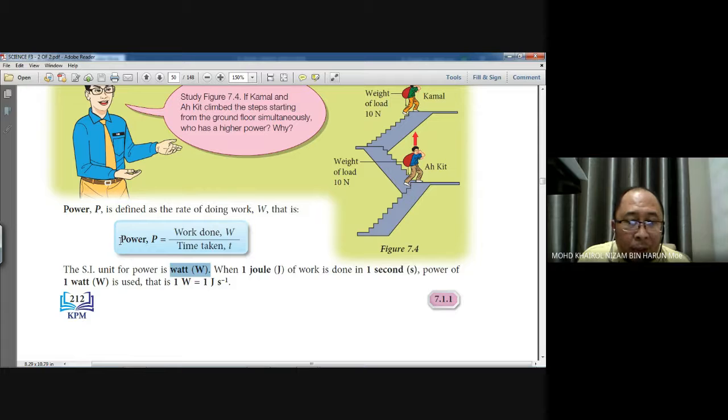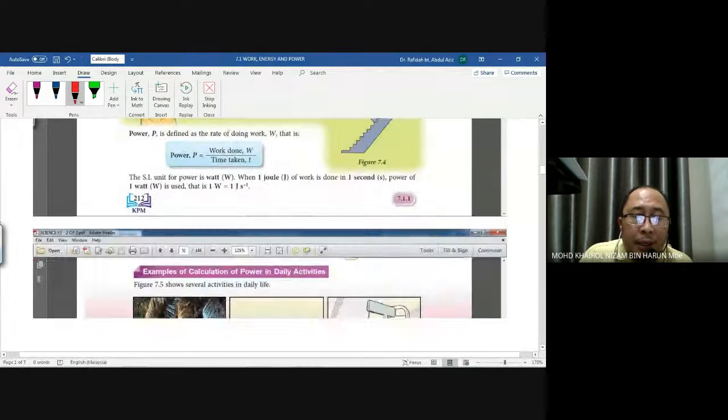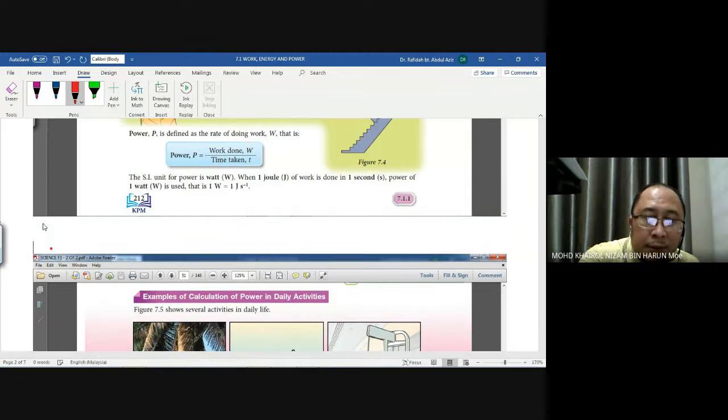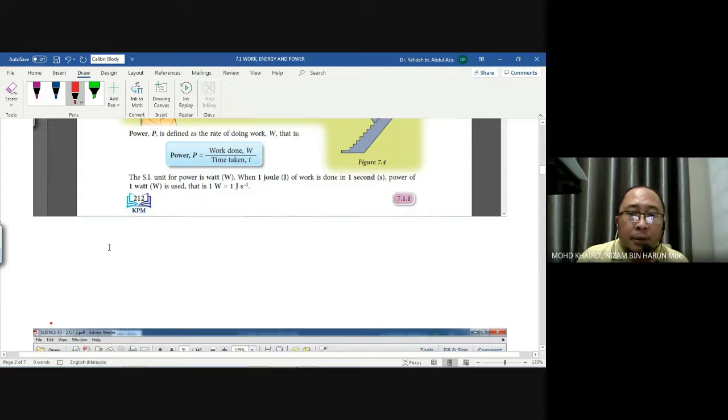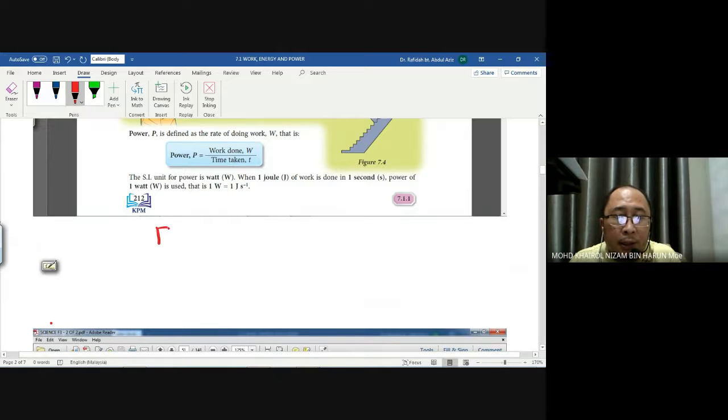So the formula here: power is equal to work done divided by time taken. You have to remember this formula. Power is the rate of doing work.